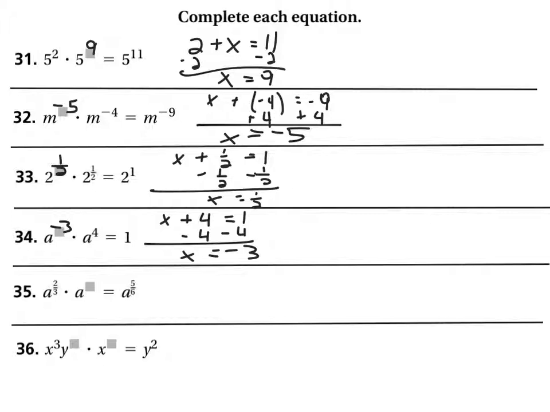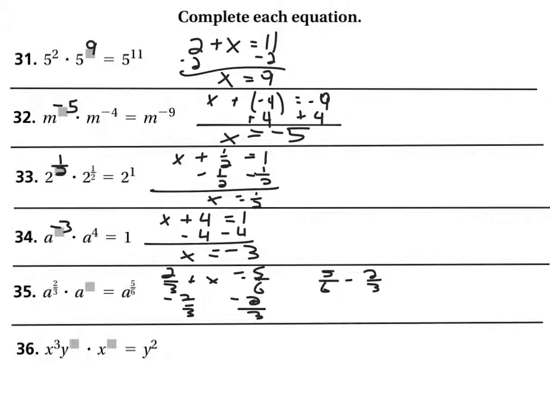That works. Here we've got 2/3 plus x equals 5/6. So then what we're saying is 5/6 minus 2/3. And let's do this one over here on the side. What we're subtracting is 5/6 minus 2/3.